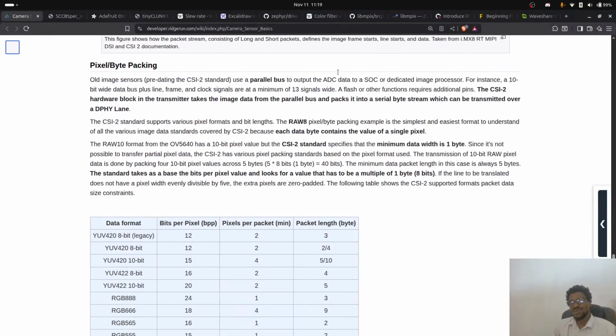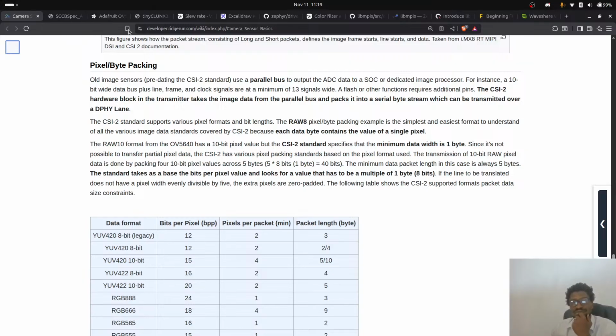Okay, so here we kind of went backwards. Pixel byte parking, and what they're saying here is old image sensors predating the CSI-2 standard use a parallel bus to output the ADC data to a SoC or a dedicated image processor.